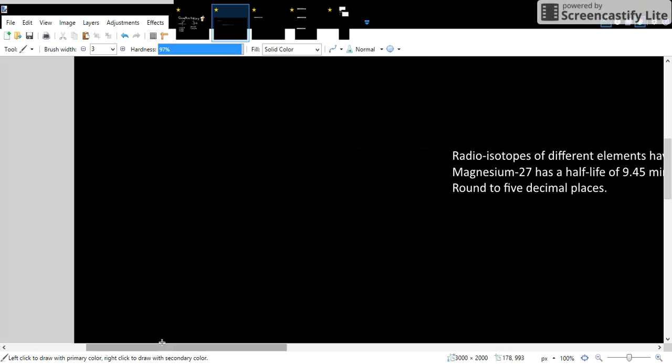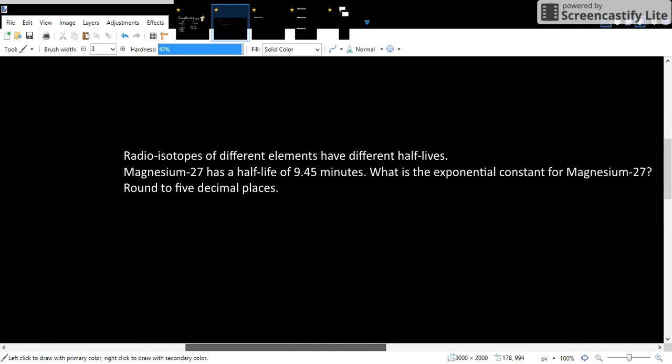On the other example, let's go ahead and read that. Radioisotopes of different elements have different half-lives. Magnesium-27 has a half-life of 9.45 minutes. What is the exponential constant for magnesium-27? Round to 5 decimal places.